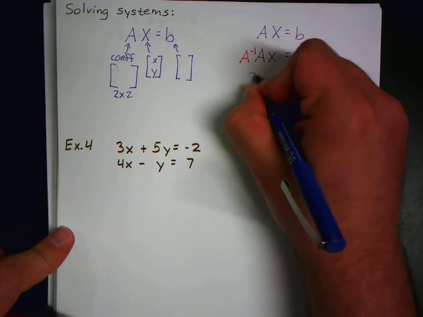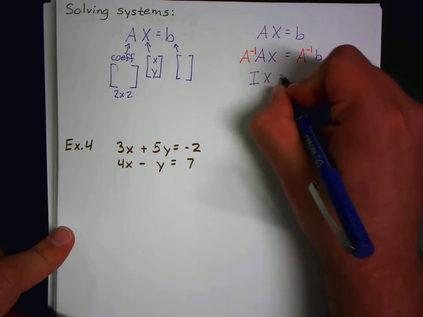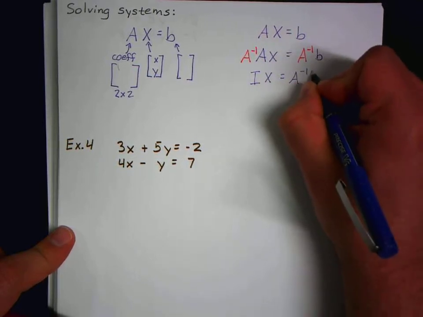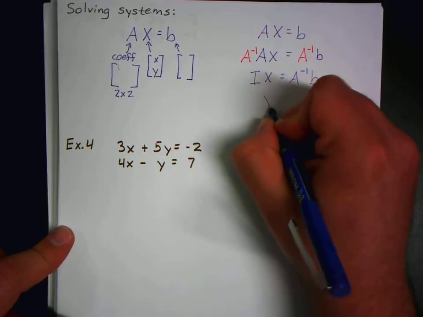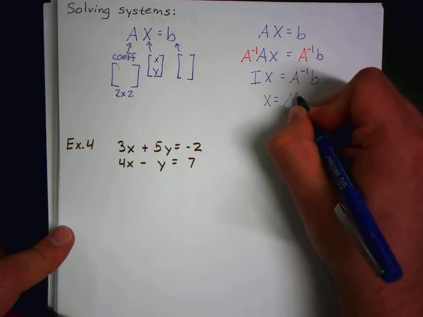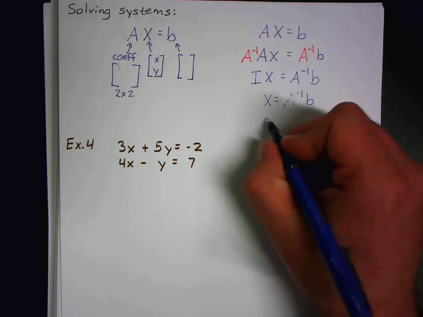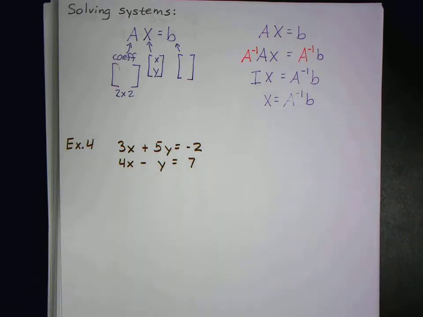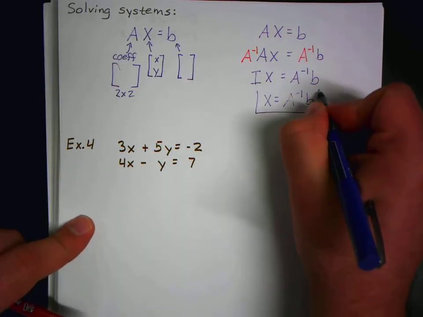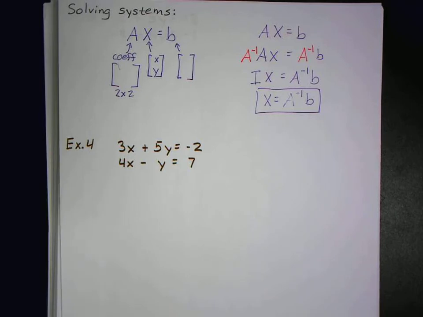Okay, so this here turns into the identity matrix. So that just tells me that x equals A inverse B. So then that will tell you what your x and your y are. So this is what we need. We've just solved our system of equations. We just have to take A inverse times B.